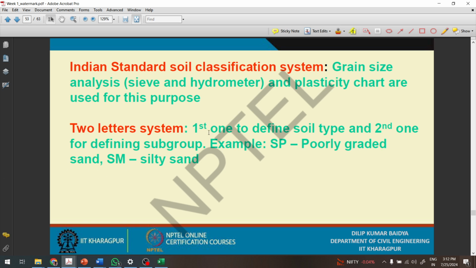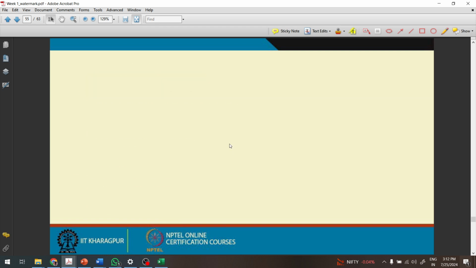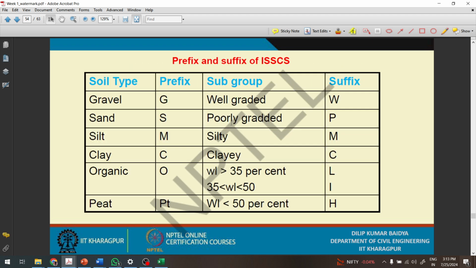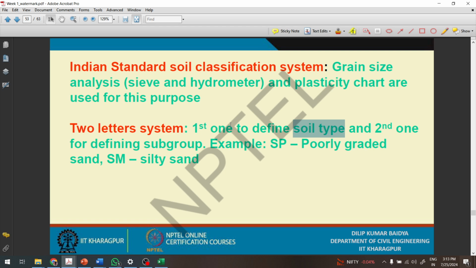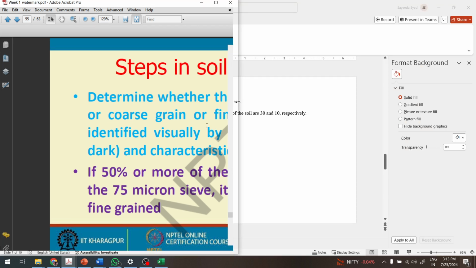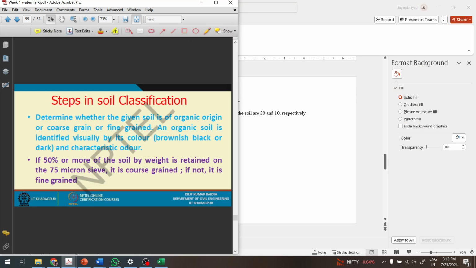So there is a two-letter system. First one defines the soil type, and the second one defines the subgroup. Steps: determine whether the soil is of organic origin or coarse grained, fine grained.